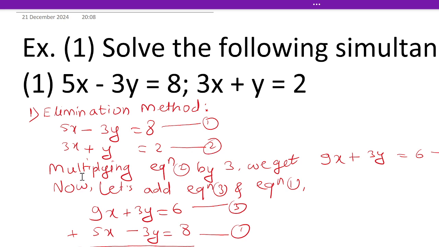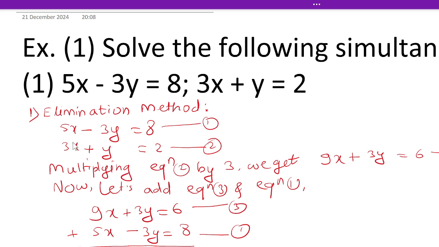So now after this, in elimination, we actually eliminate the like term. Like here in the first equation we are having variable x, and this x has a coefficient 5. Similarly in equation 2 we have variable x and x has a coefficient 3.